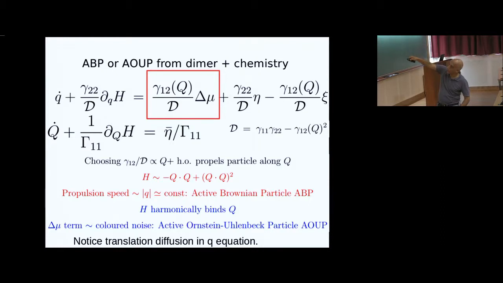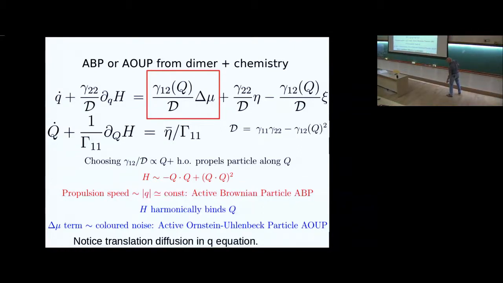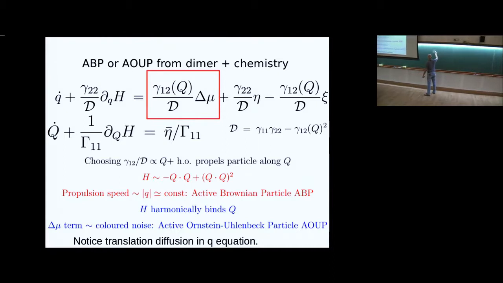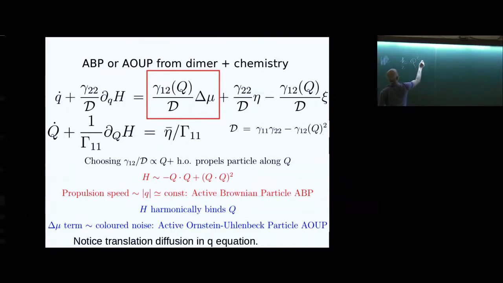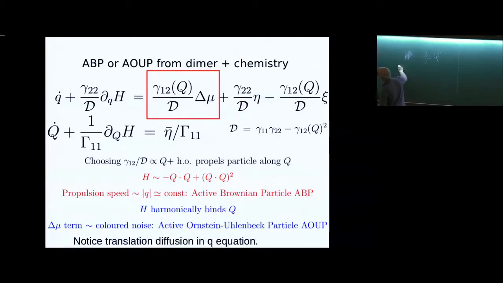And if you think of the dynamics of Q, supposing h is just of this form, then you'll get Q dot plus 1 over gamma 11 k Q equals zero.